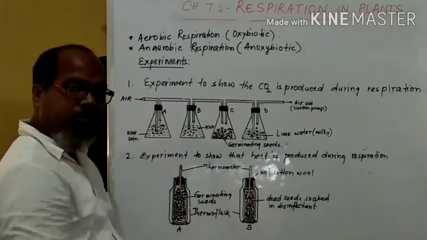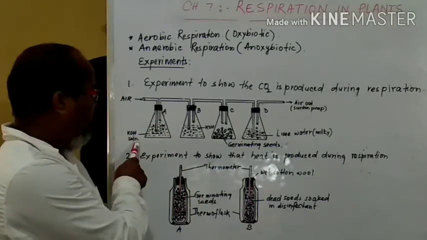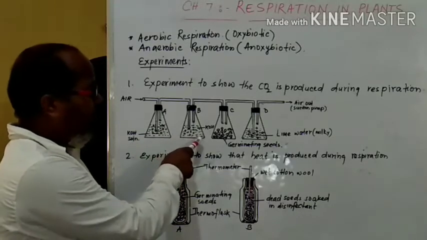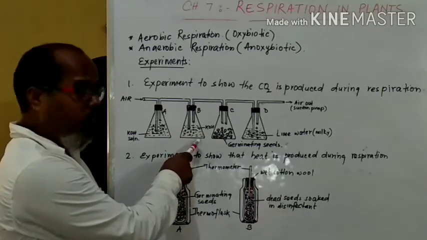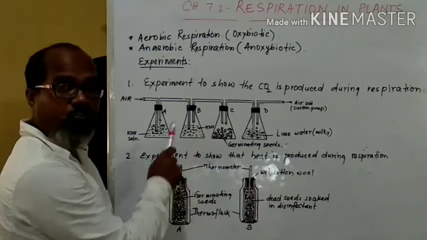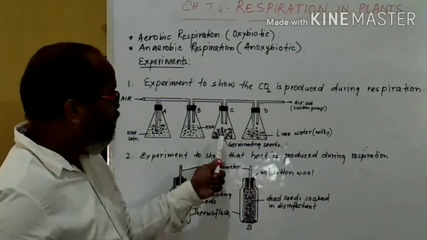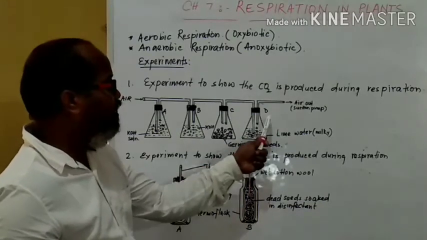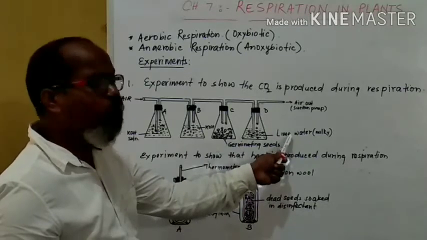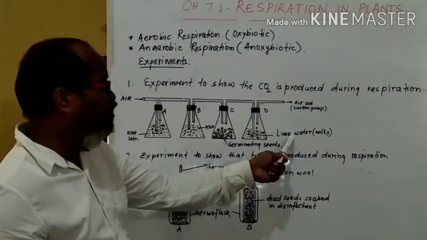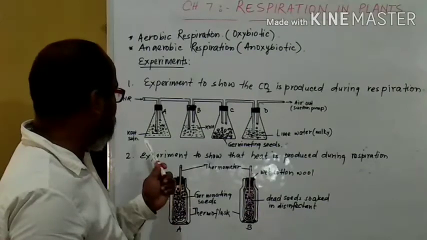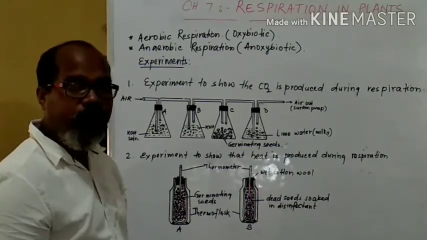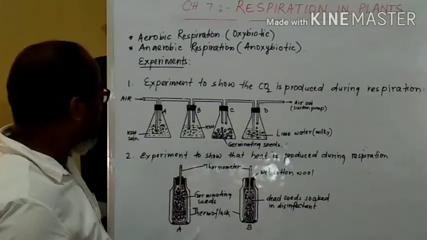In flask A, there is potassium hydroxide solution. In flask B also, there is potassium hydroxide solution. Flask C has germinating seeds, and flask D has lime water. Now, let's see.